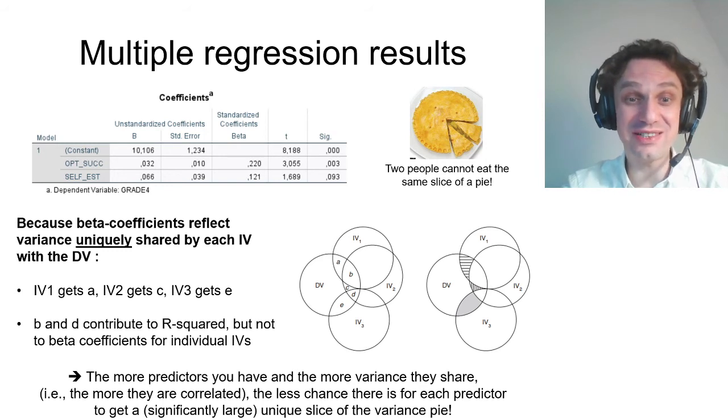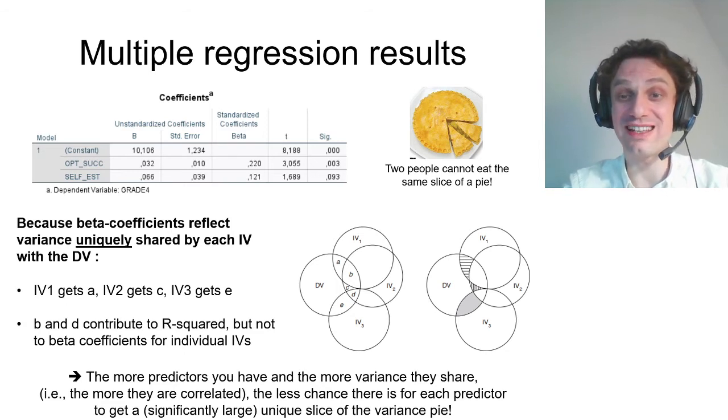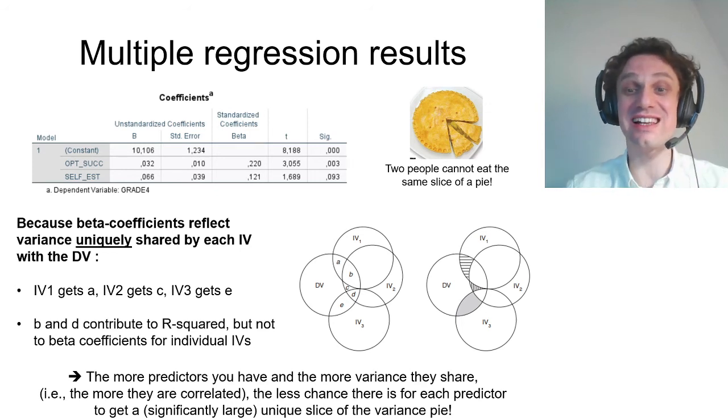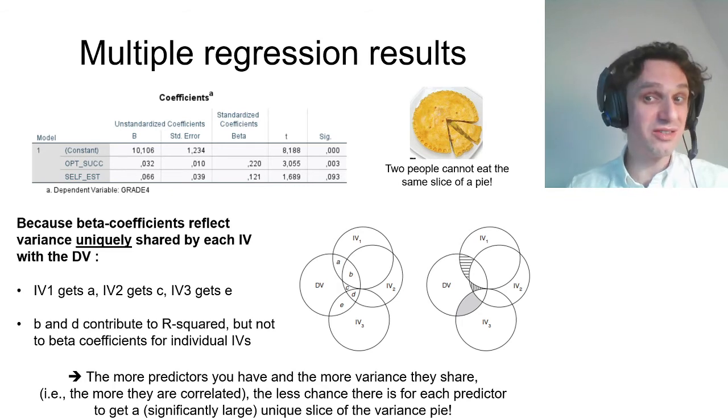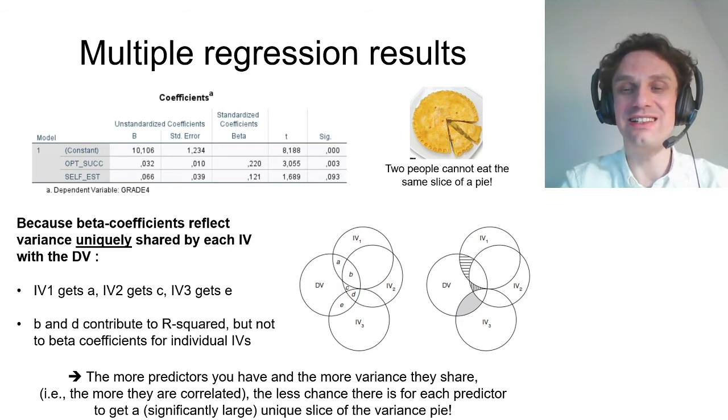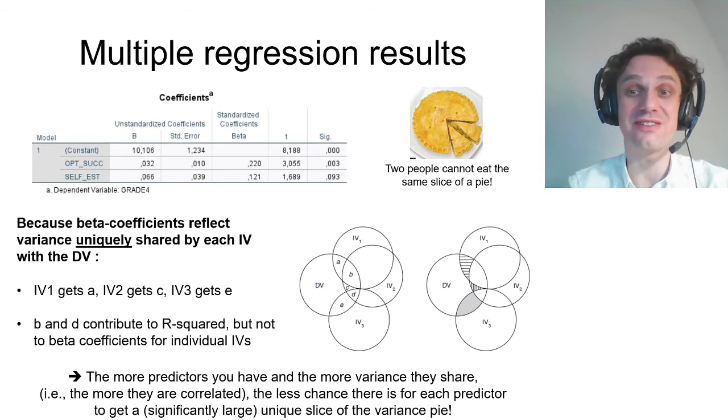And the consequence of this: the more predictors you have in your model, and the more variance they share with one another, so essentially the higher the correlations between your predictors, the less chance there is that each predictor will get a significantly large unique slice of this variance pie. Because if their shared variance overlaps a lot, there is very little unique variance left. And that's the reason why it's a very bad idea to include into regression variables that are very strongly correlated.